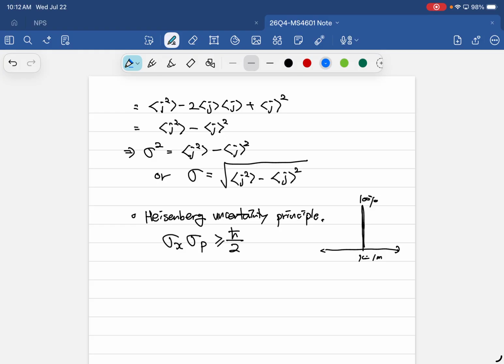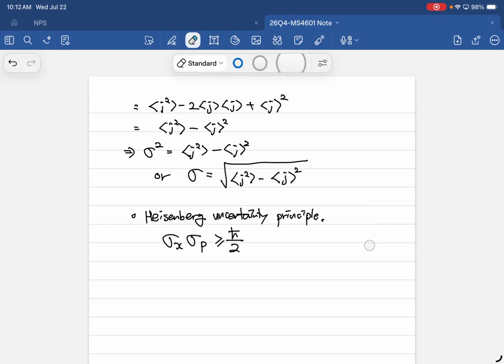Or if we try to find velocity or momentum more precisely, we are going to have greater uncertainty in position. We are going to know less about the precision of position. Does it make sense? That is essentially what the Heisenberg uncertainty principle states.